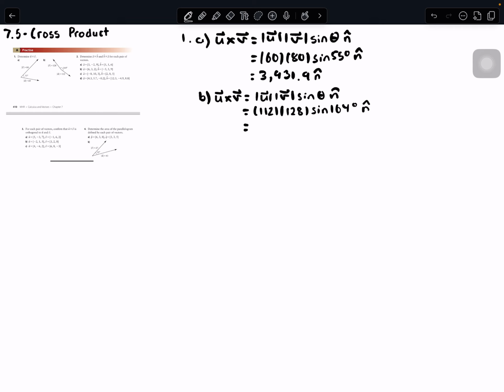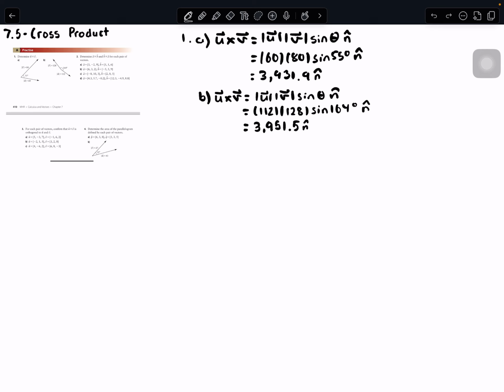Okay. 112 times 128 sine of 164, 3,951.5, and n hat. So notice both the calculations resulted in a vector, right? Because we have that n hat right here. That's representing the vector, and we have some scalar out front. Okay? Important to note, the cross product will always yield a vector, while the dot product always yields a scalar.